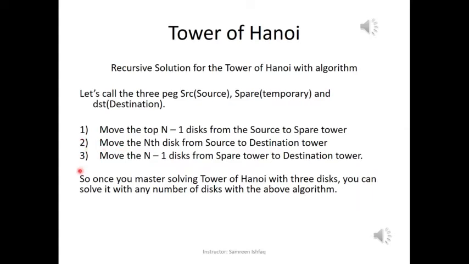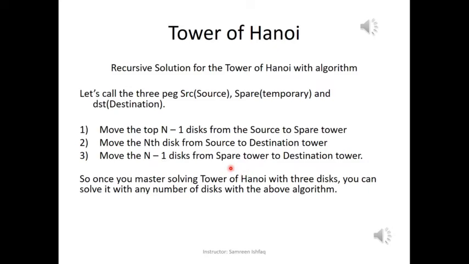And the third step is to move those 3 disks that I have moved from source to spare to the destination tower. So that is not possible. We cannot move all 3 disks from source to spare or all 3 disks from spare to destination at a time, because we can only move one disk at a time.